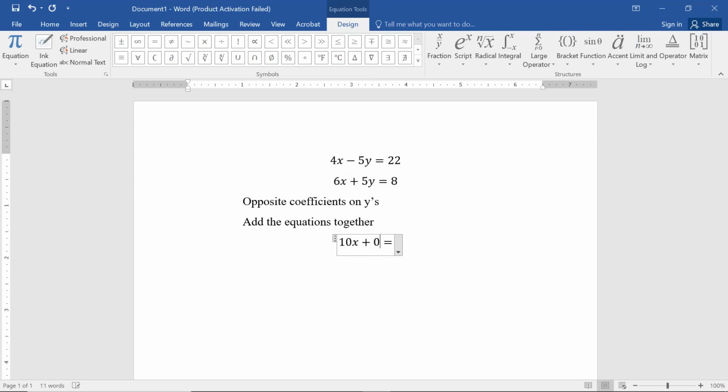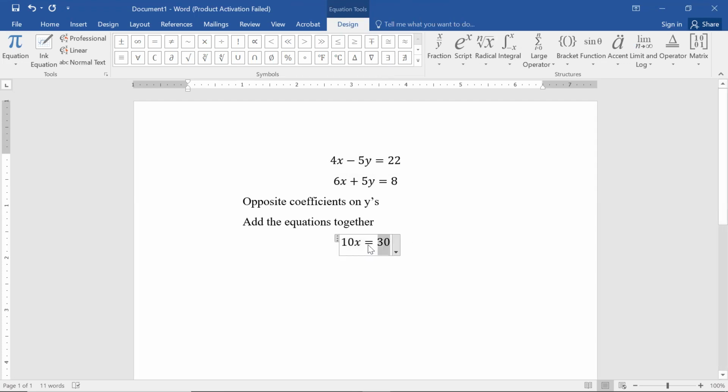Or I could write the plus 0 now and then eliminate it in just a second. The equal signs, we're not going to add, we're just going to drop down the equal signs. That's why it was so important to line things up. 22 and 8 add to give us 30.